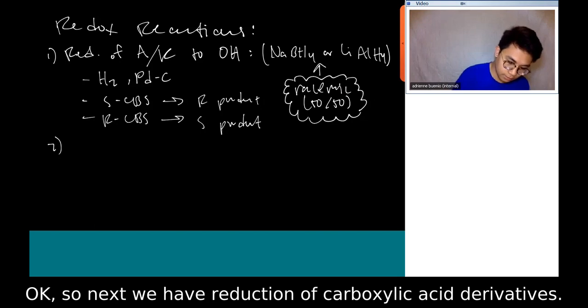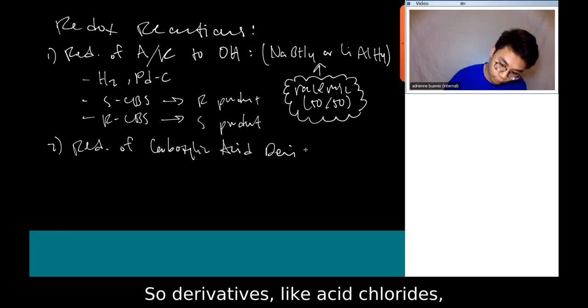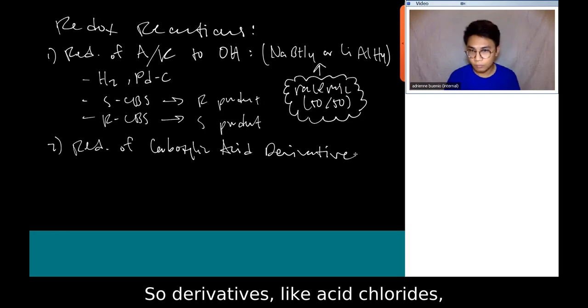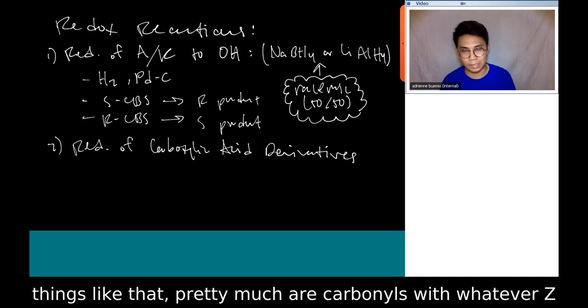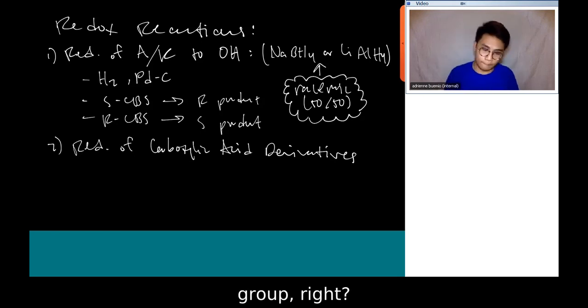Okay, so next we have reduction of carboxylic acid derivatives. So derivatives like acid chloride, things like that. Pretty much a carbonyl with whatever Z group, right?